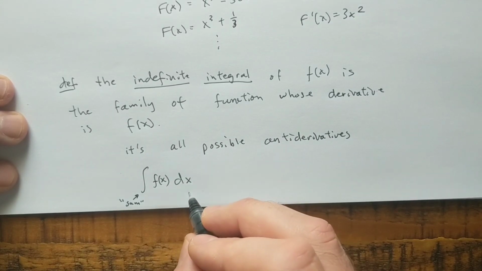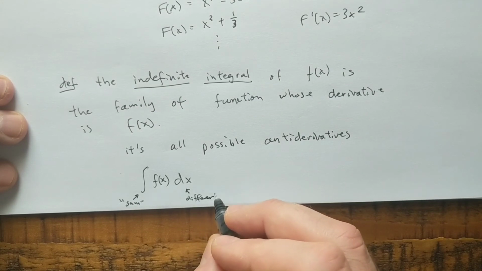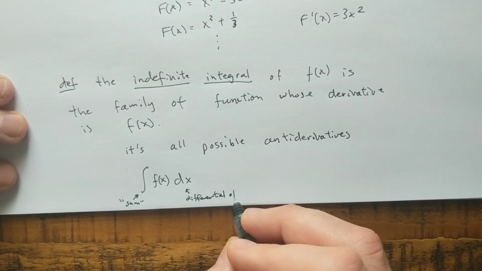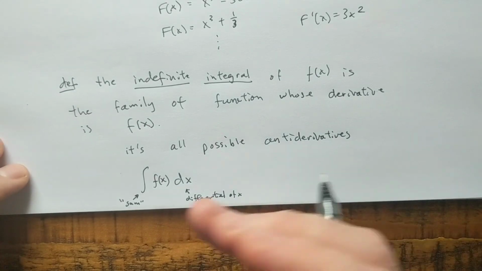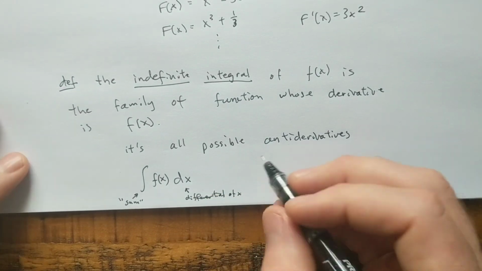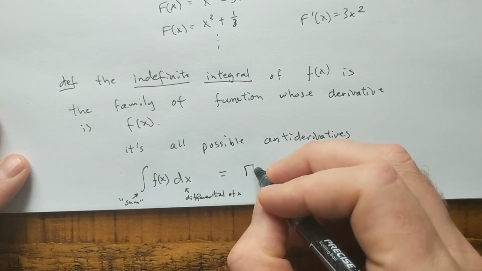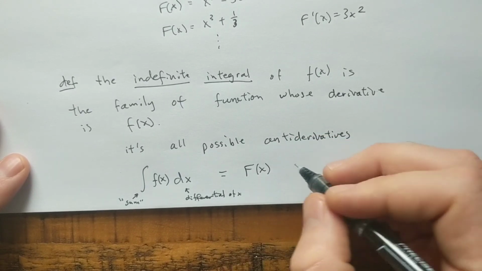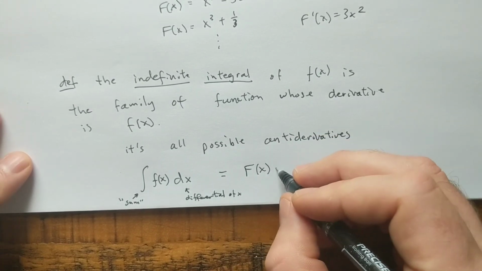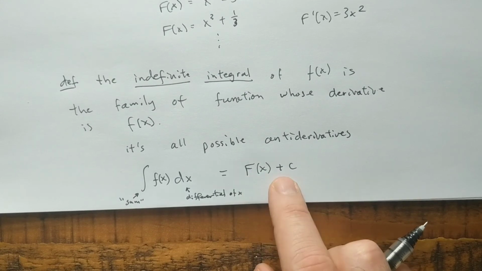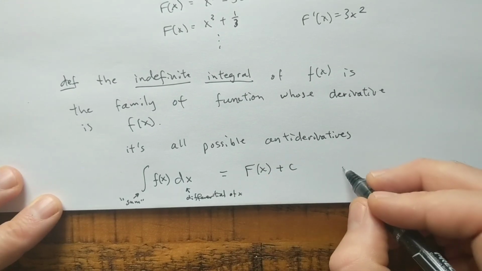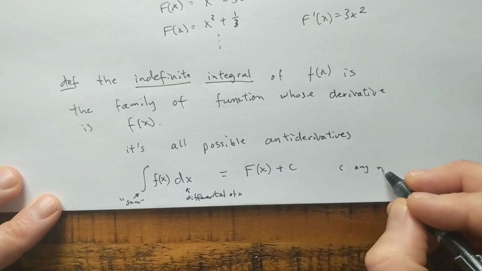And this is the differential of x, and it acts as the right bookend, with the integral sign as the left bookend. Then we would say that it's capital F of x, and usually we pick the simplest possible version, plus C. So any antiderivative plus any unknown constant. C can be any real number.